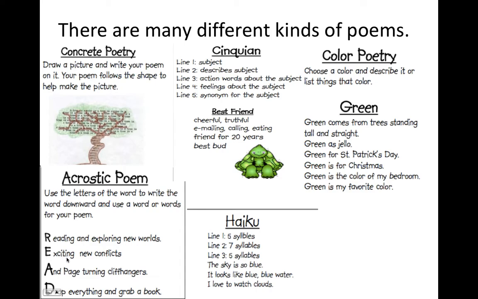E is for exciting, exciting new conflicts or problems. A is for and, D is for drop. So every word has to begin with the letter so that they can make the word go up and down. A lot of you have done that one before. And a haiku is another one, and we'll learn about that later.